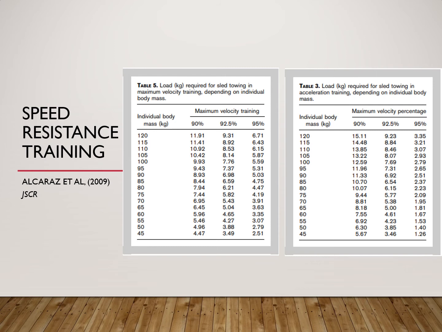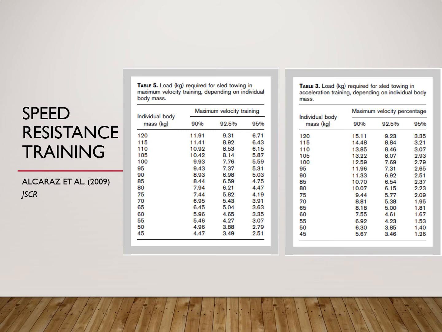When it comes to knowing what load to use when we're applying resistance training for speed, then we can see from these tables here from a study from a few years back how we might adjust the load depending on the size of the individual, the impact we want on the actual maximal velocity that would be developed, and also whether we're trying to train maximal velocity or whether we're trying to develop acceleration capabilities. So you can see that with a higher body mass, we would typically have a greater amount of weight resistance.